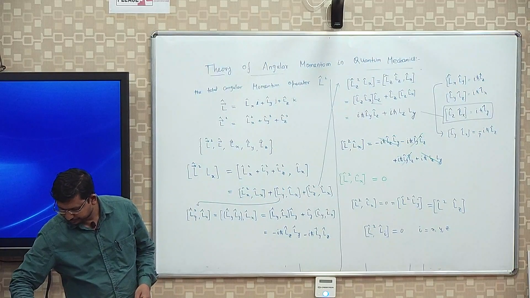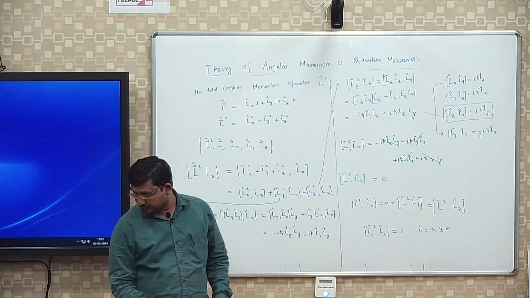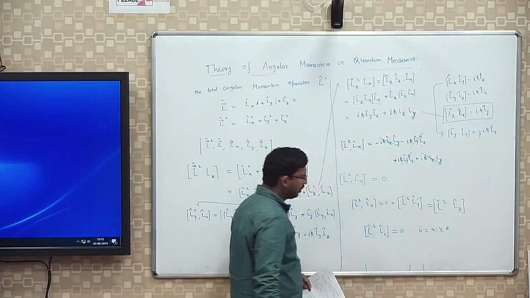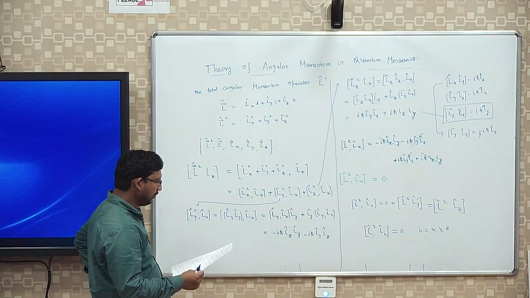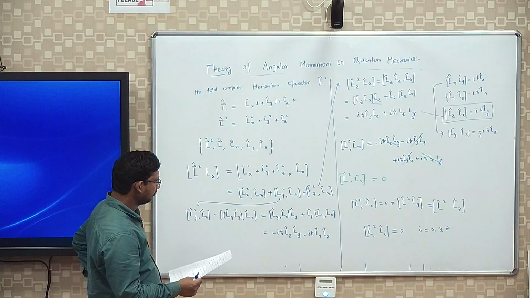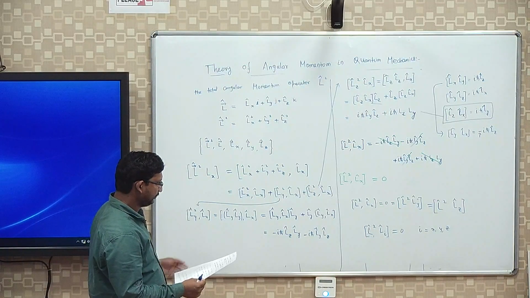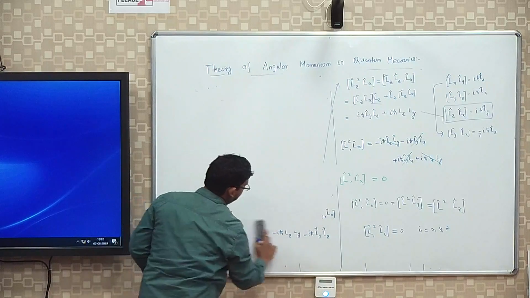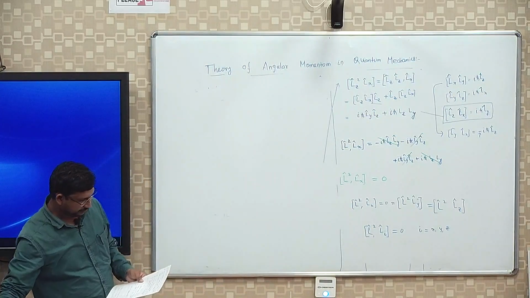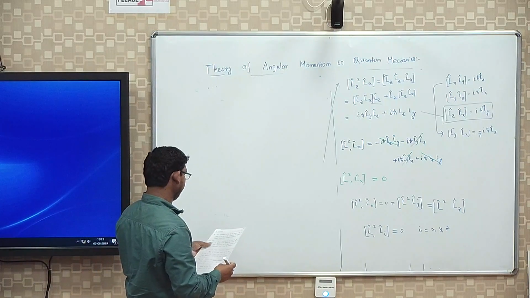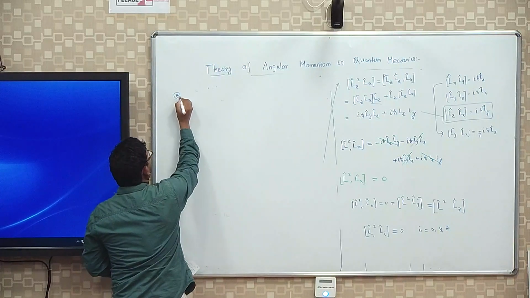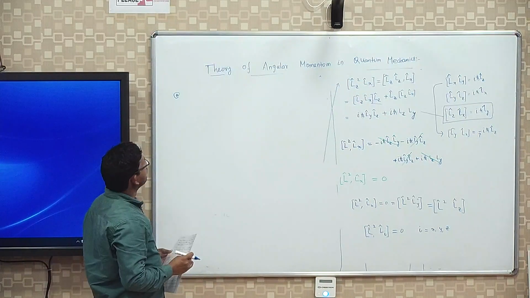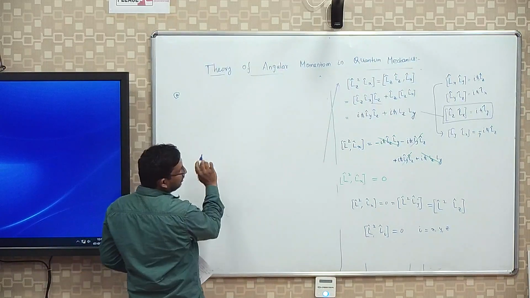Okay, in summary, the components of L, either x, y, z, do not commute with each other.